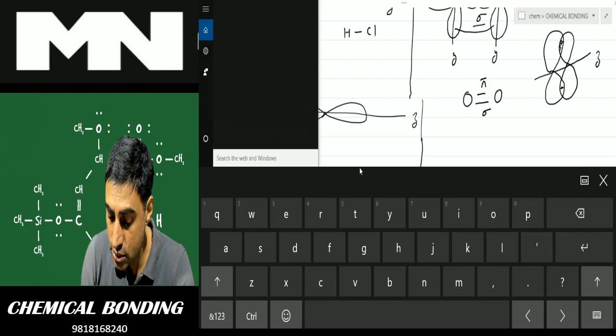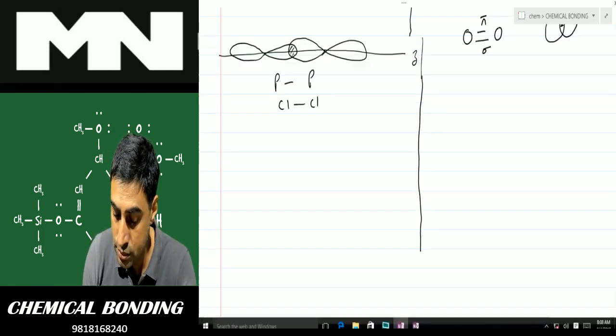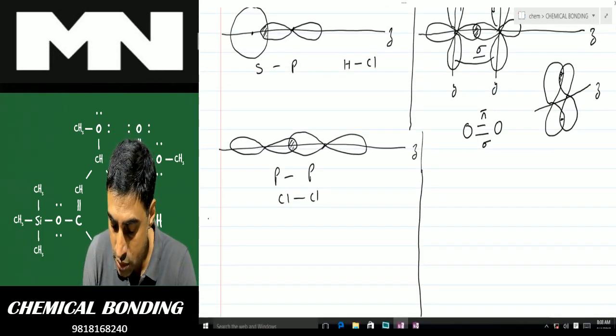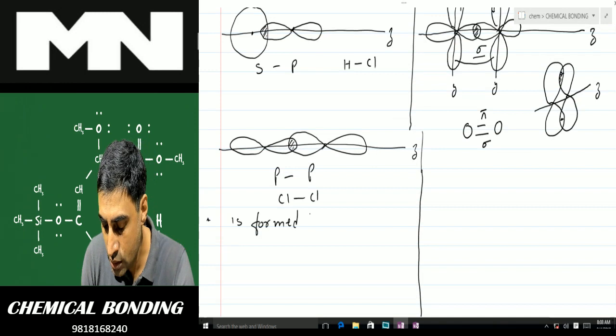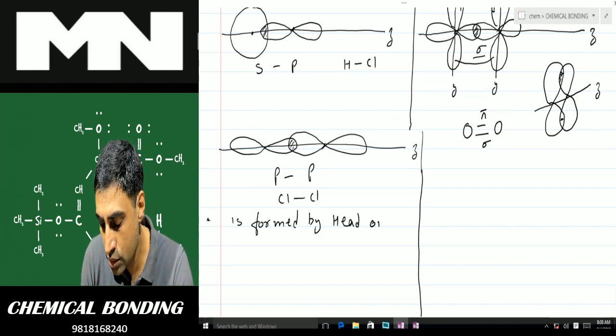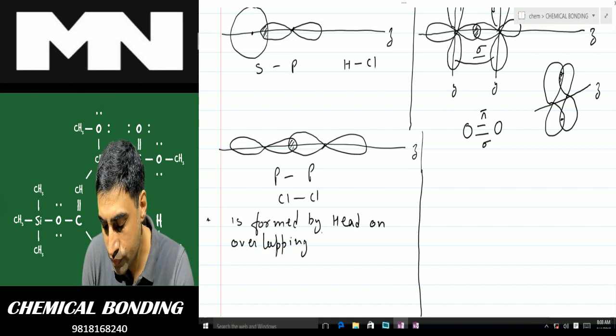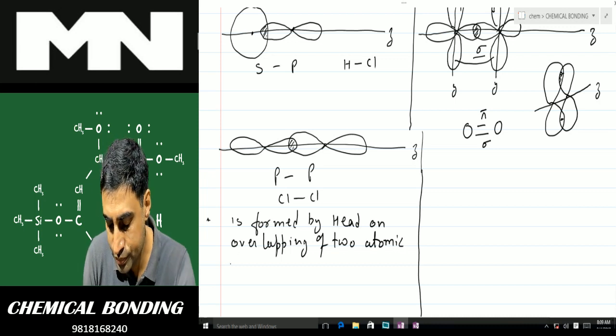First, sigma bond is formed by head-on overlapping of two atomic orbitals.